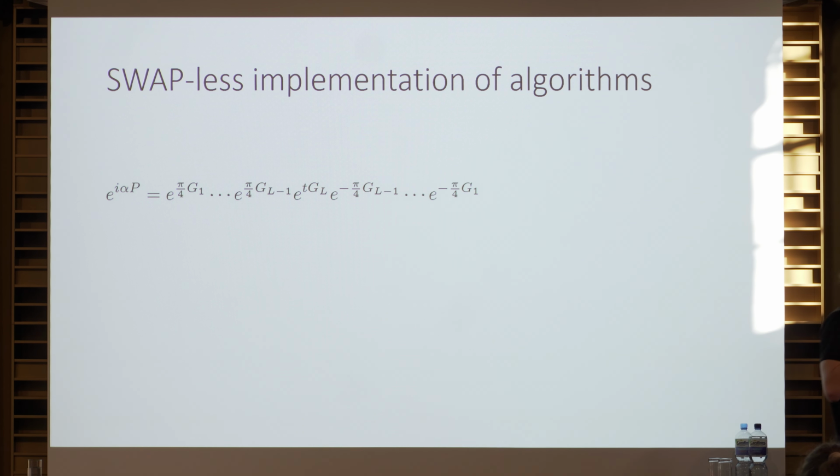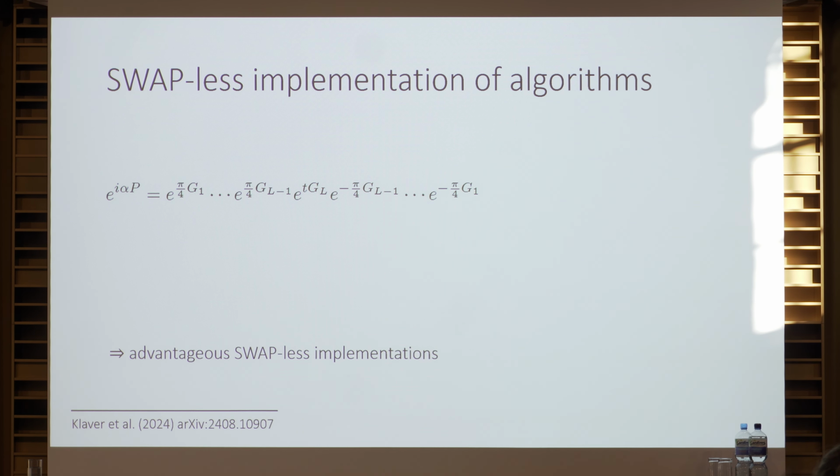How you can see this is actually something that in the last year has also been considered, which is implementing certain algorithms in a swapless way. A lot of algorithms rely on swapping or shuffling qubits around, but you can do better if you have the right generating set.